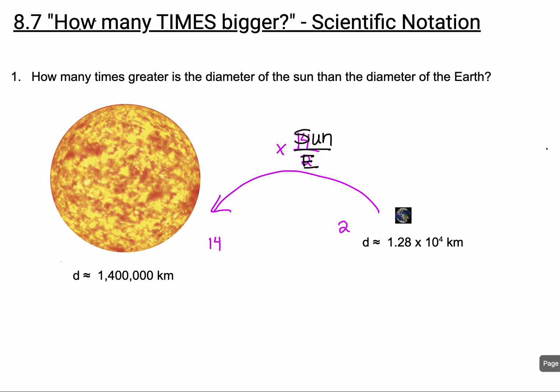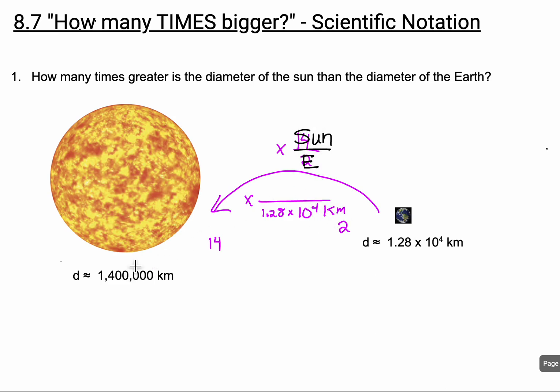Now I'm going to use that times fraction bar here. Now, times, I got my earth number, 1.28 times 10 to the 4th power kilometers.